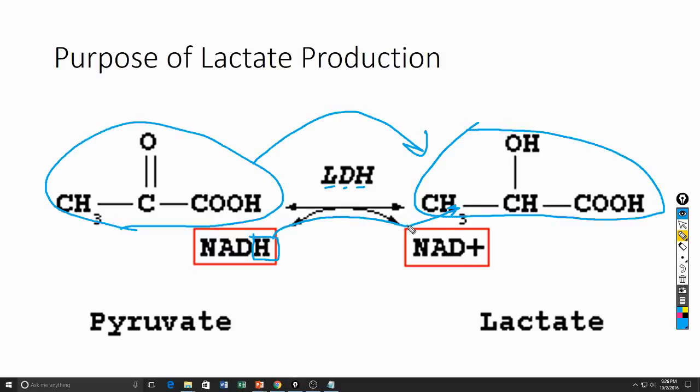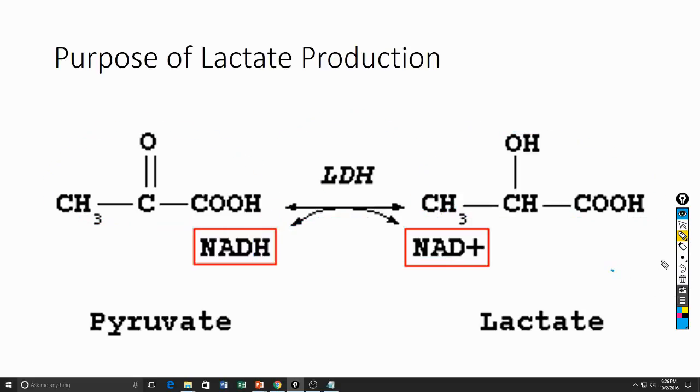And that leaves us with an NAD that's missing that hydrogen. And this seems probably pretty relevant for you right now, and we're going to talk about that in a second. But this is really why this reaction even exists. It's the purpose for it.